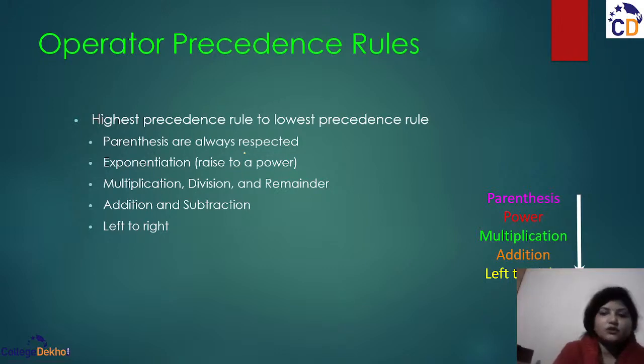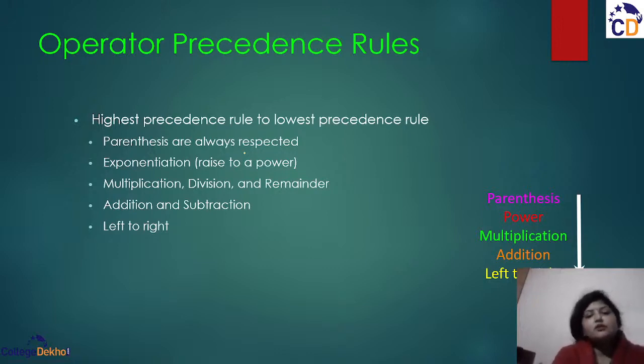First you need to open the parenthesis. Second, the power. Third, multiplication or division. Then addition or subtraction. And it evaluates from left to right. Why? Because of the operator precedence rules. Let us read out the precedence. First we evaluate the parenthesis. Whatever is written in the brackets or parenthesis, first of all we have to evaluate that.